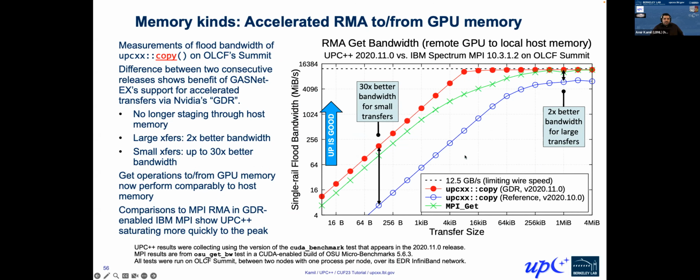And for small transfers, we see over an order of magnitude of difference in terms of bandwidth, 30x, and even for larger transfers, we see a 2x difference in bandwidth. And then I'll also take this opportunity to plug GASNet because we also have an MPI comparison on this machine, MPI with the direct transfer support. So hopefully comparing apples to apples as best as we can. And we see that for smaller message sizes, GASNet actually does better, and it reaches saturation at smaller sizes than MPI does.